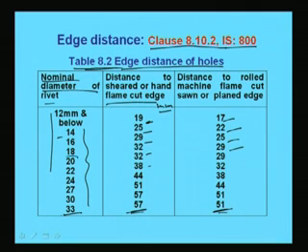Generally, in our examples we will most frequently use a 20 mm diameter rivet. In this case, for 20 mm, the edge distance is 32 here, and here it is 29. So we will be using such edge distances.